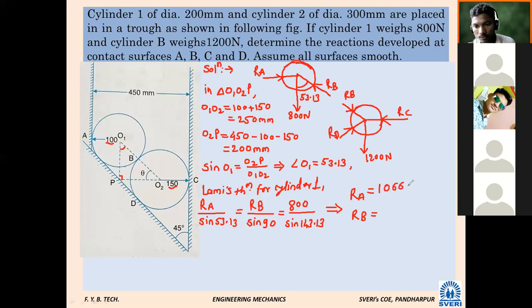RB is 1333.33. Correct. RA and RB we found out.